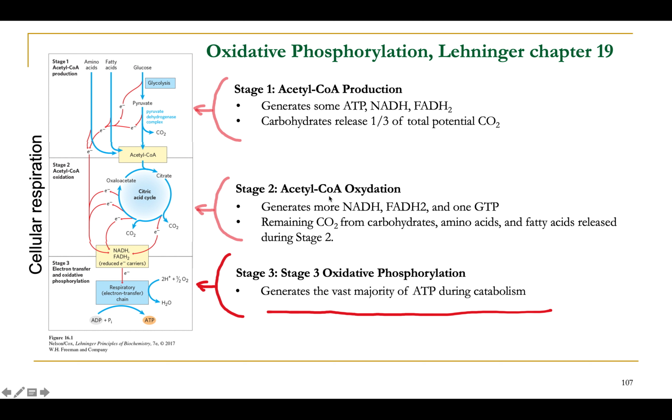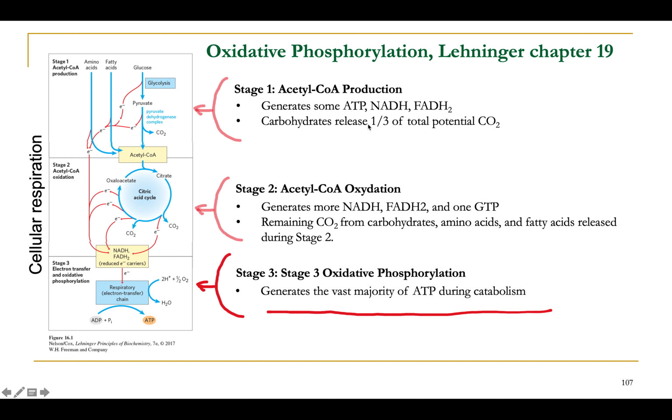In the second stage, the uniform 2-carbon acetyl groups are oxidized in the citric acid cycle completely to carbon dioxide and produce some amount of useful cellular energy equivalents in the form of GTP, and a vast amount of reduced electron transport carriers in the form of, again, NADH and FADH2.